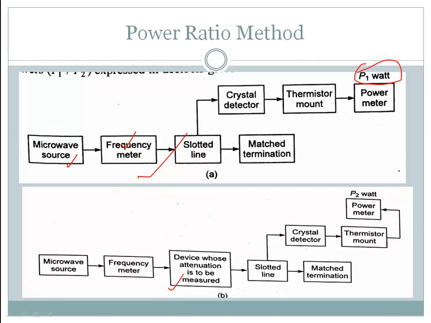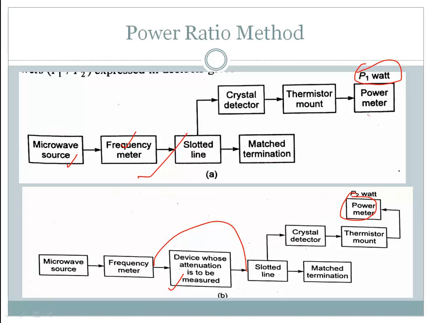By inserting this device, we note down the power P2, which is directly recorded at the power meter with the help of crystal detector and thermistor mount.